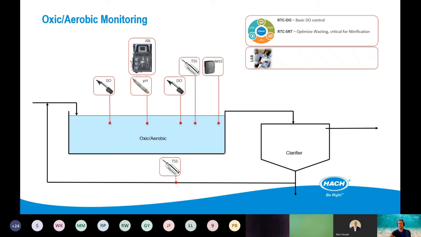Are we constantly nitrifying properly? Well, using wet chemistry analysis, we can get down to very low levels, extremely accurate and easy to maintain ammonia values at the end of an aeration basin.